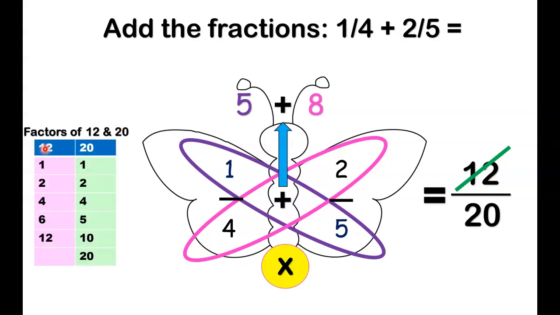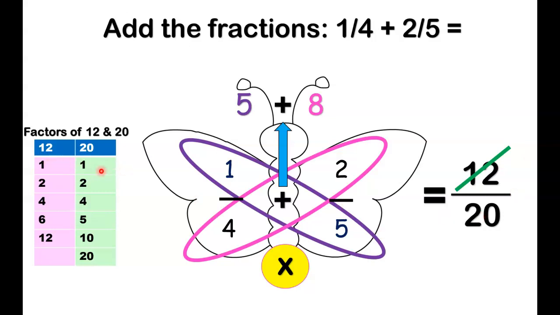Let's go right over here and see the factors of 12 and the factors of 20. We want to use the highest common factor. That will give us the simplest form of fraction.